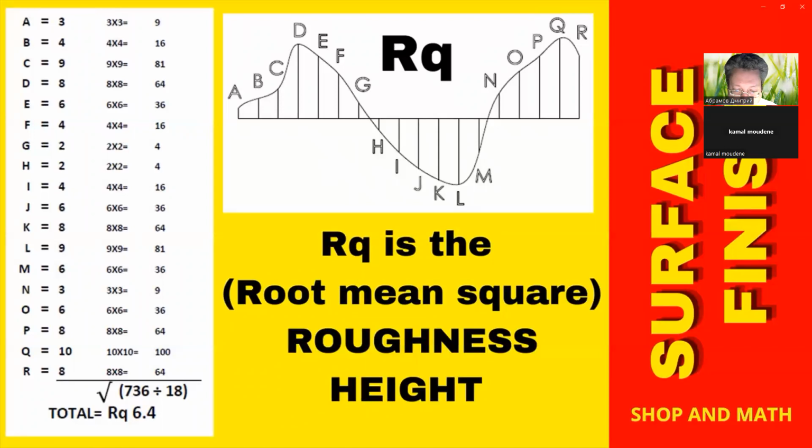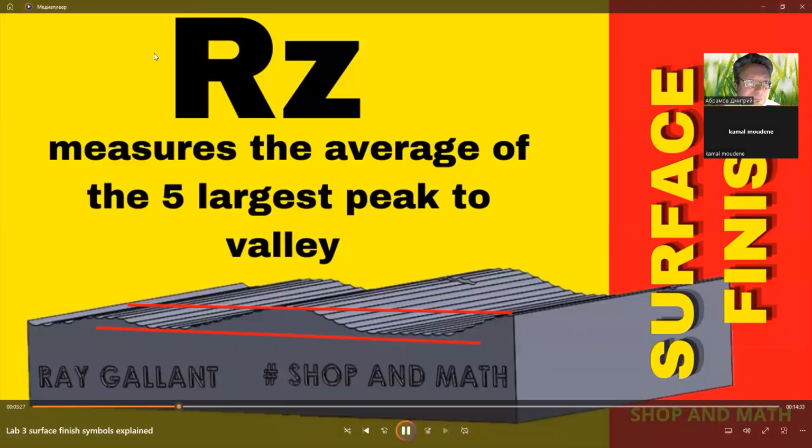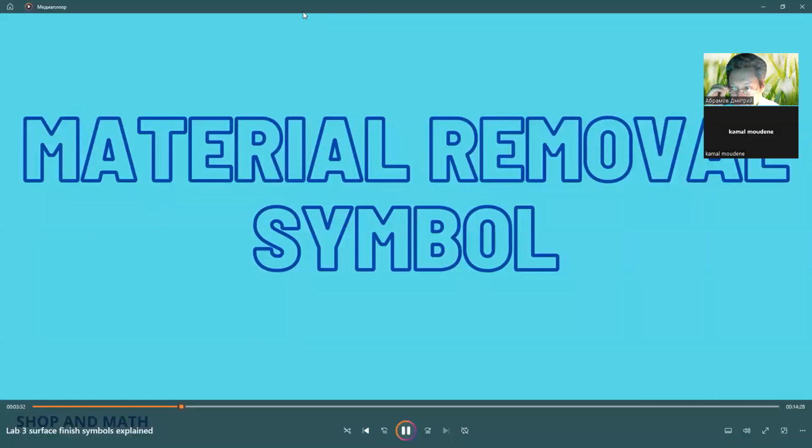So we're going to square each length, and then when we total them up, we're going to get the square root from it. So in this case, Ra for the same measurement was 6, Rq is 6.4. Rz is the measurement of the 5 largest peaks compared to the 5 lowest valleys over your sample length. Material removal symbols.